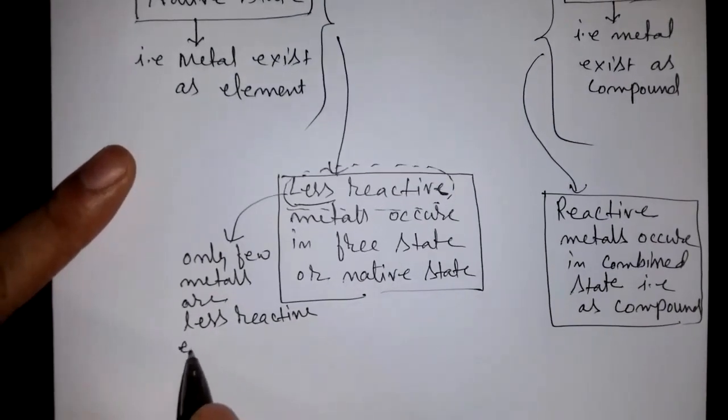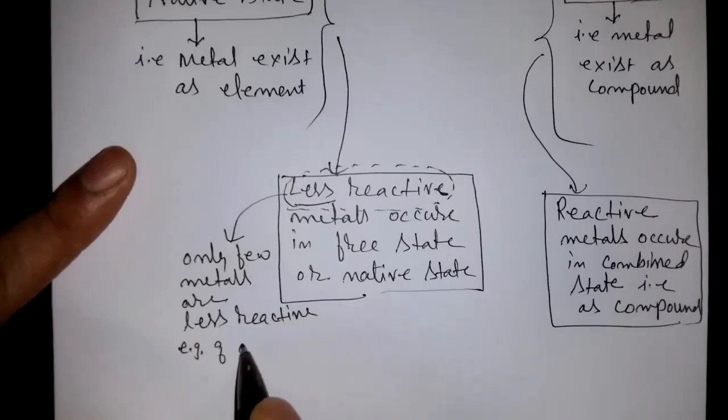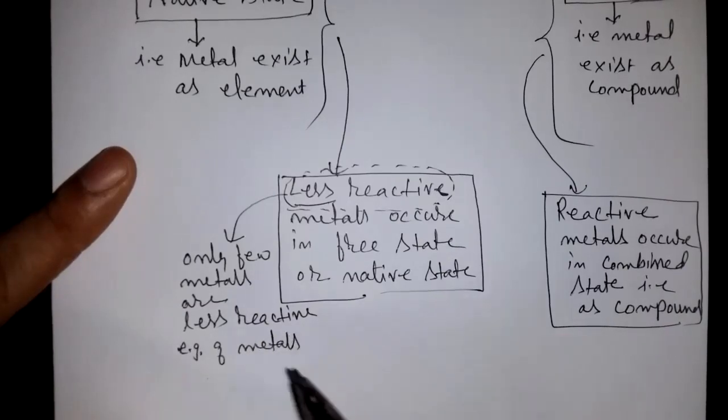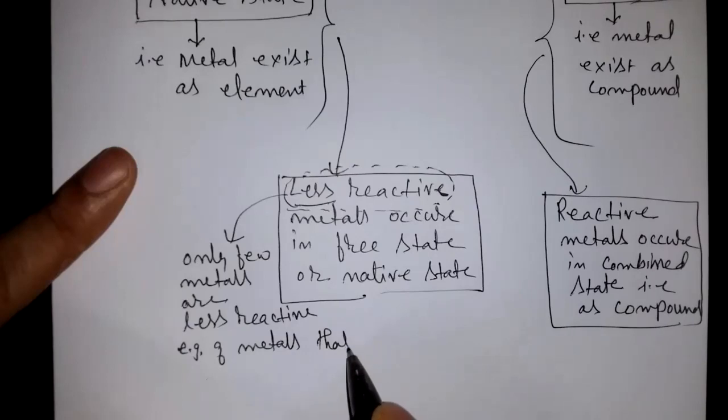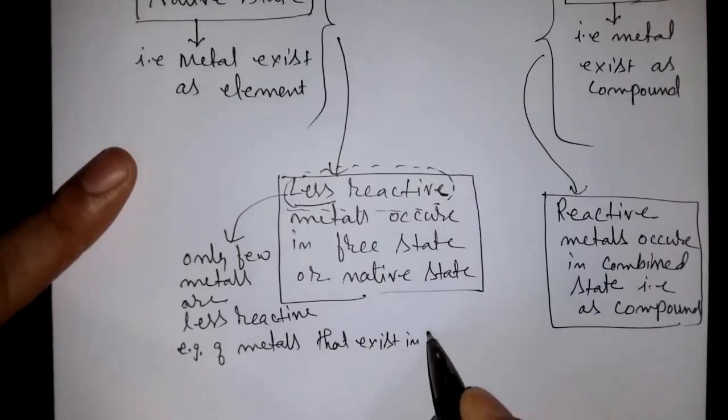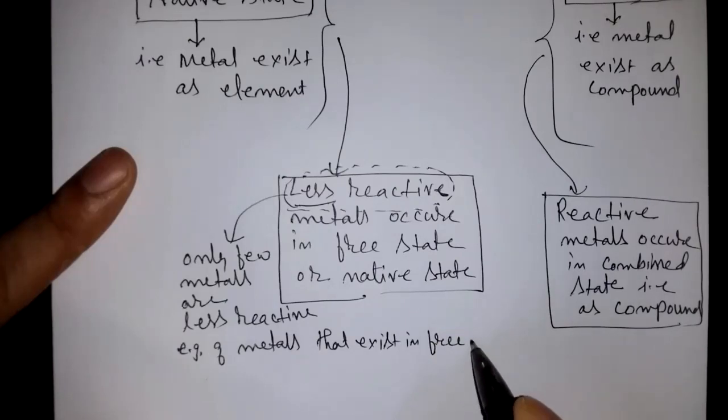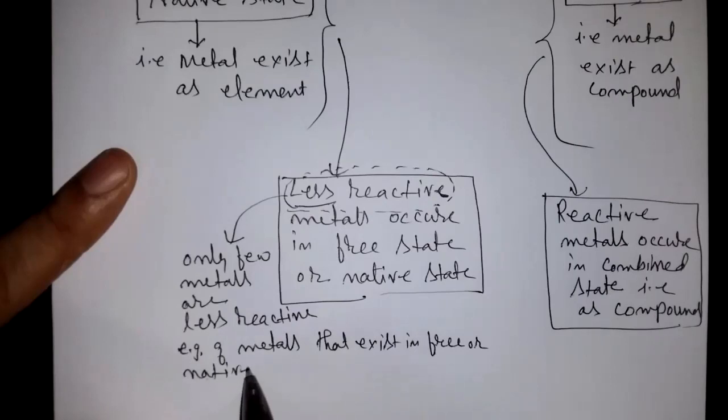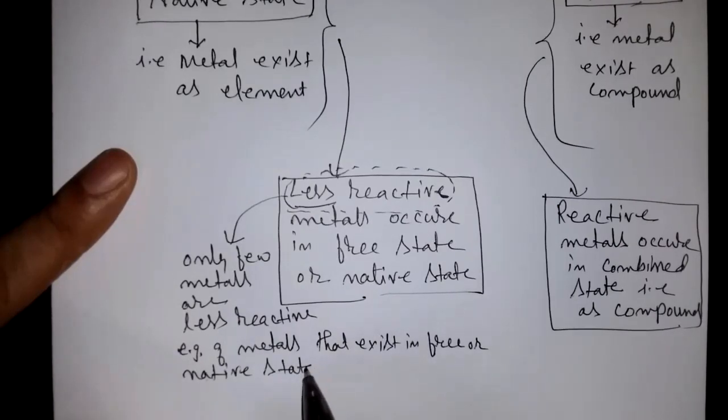So examples of metals that exist in free or native state are these.